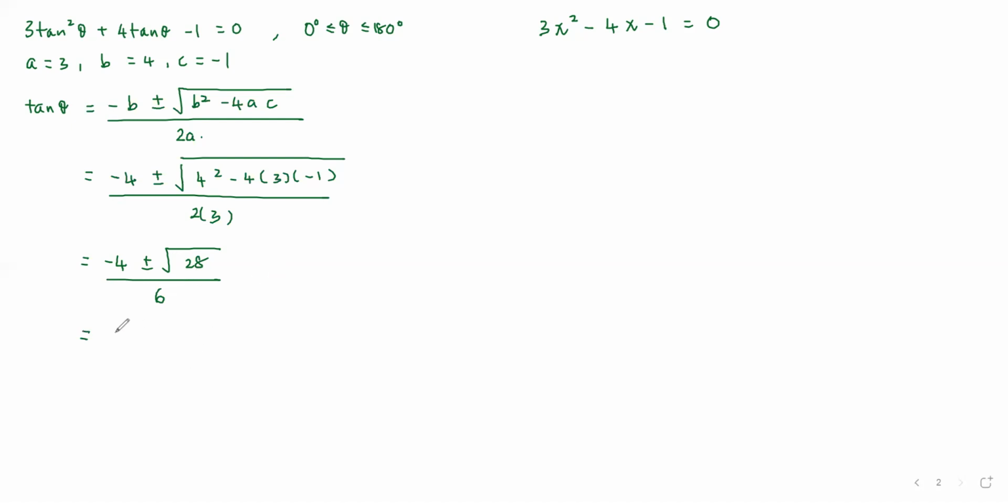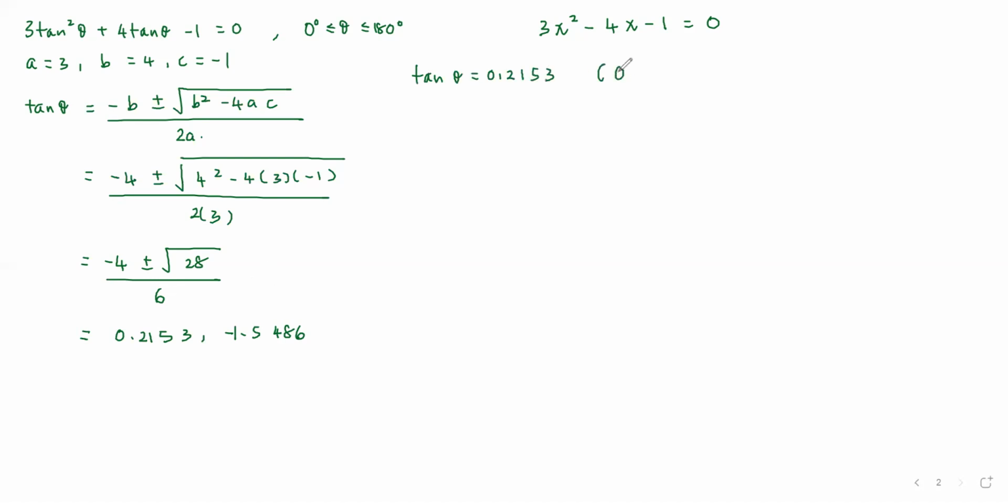And we have 0.2153 or negative 1.5486. So these are the two possible values for tangent. Let's look at the first case where tangent theta is 0.2153.